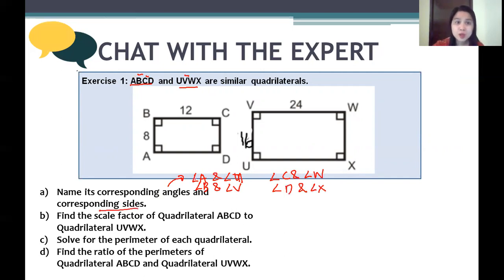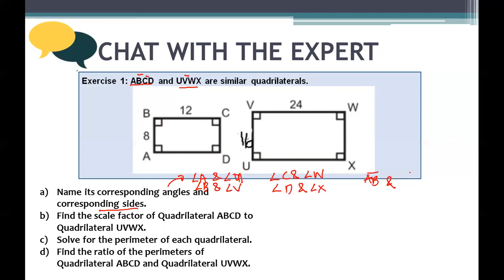For the sides, we can do it this way. First two, side AB and side UV. Next, BC and VW. The next one, the last two letters, CD and WX. And the last, we have AD and UX.